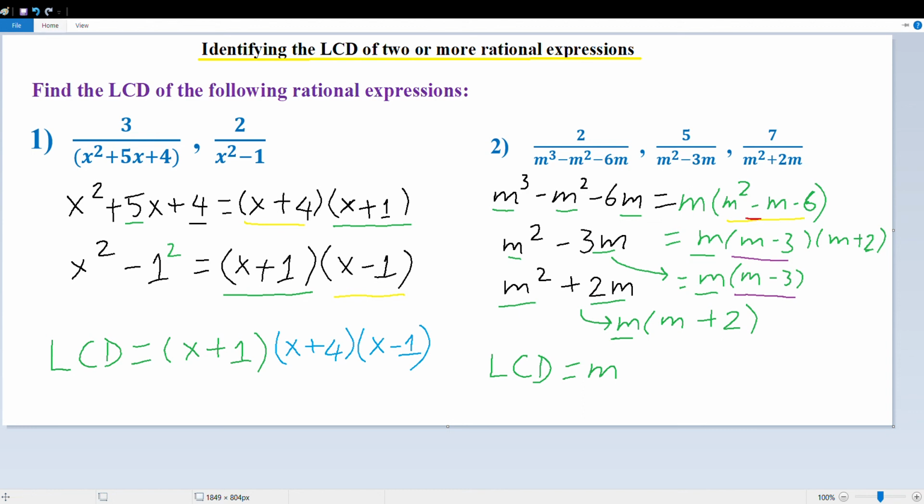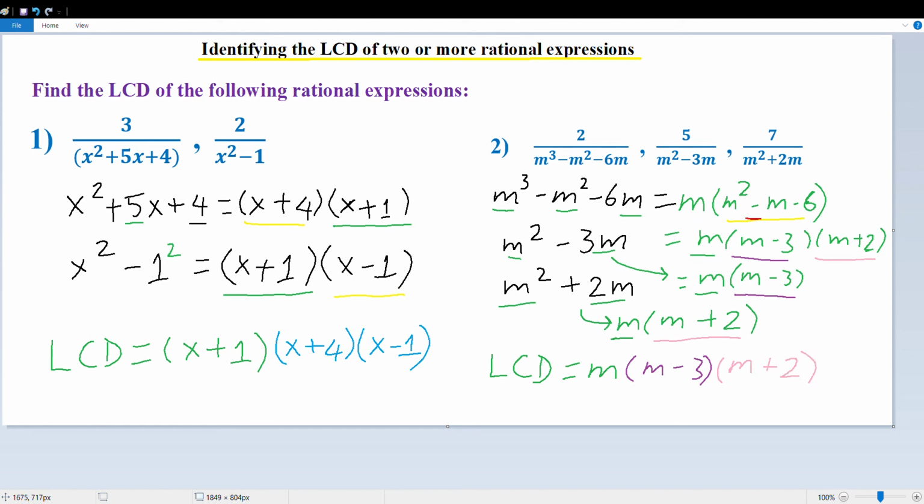So we'll say, okay, times m minus 3. We can also see that m plus 2 is common between the first one and the last denominator. So we'll go ahead and write those two common factors as just one of these.